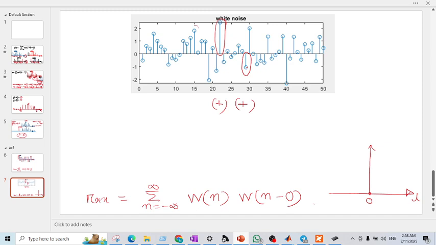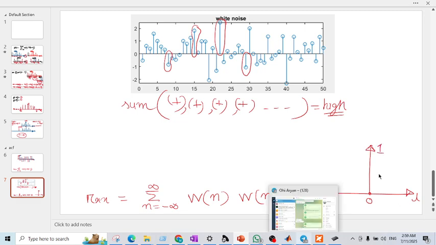Similarly you get positive here because both signals are positive, and here both are negative. So you will get many positive numbers, and if you sum them you get a very high value. If you normalize this high value, it will be 1. So it looks like a delta function.